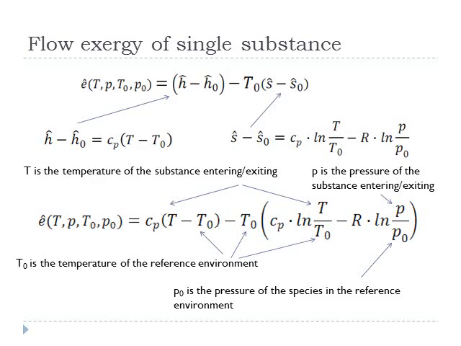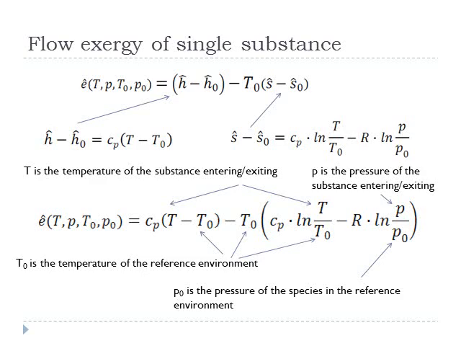And for the entropy, we've got some kind of S minus S naught, and we may have to correct that too if C sub P is not a constant. And the other thing we may have to do is, if it's a non-ideal gas, we may have to correct the pressure by putting in a fugacity. And so we can combine those two and we get the molar exergy flow rate.